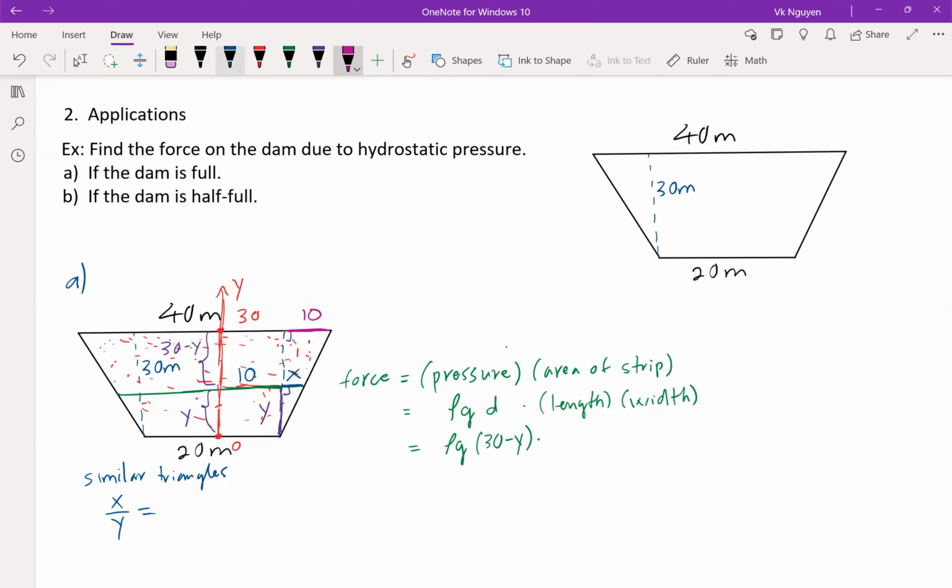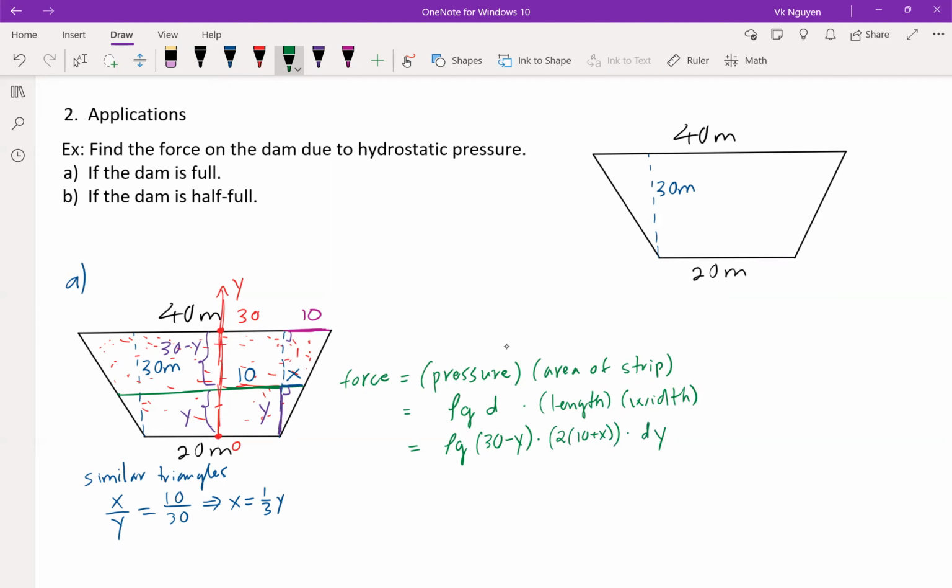So it's 10 over 30, which tells us that x equals 1 over 3 y. The length is 2 times 10 plus x. And the width is the small change in y.